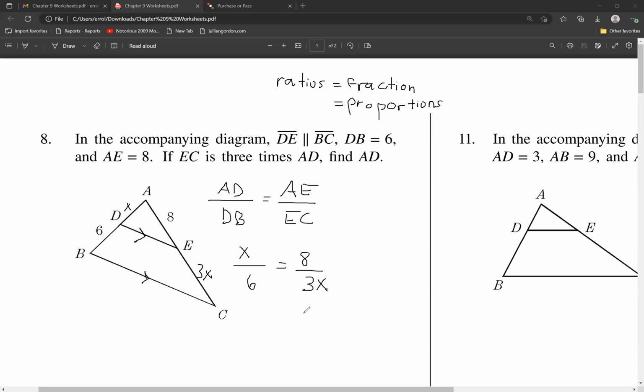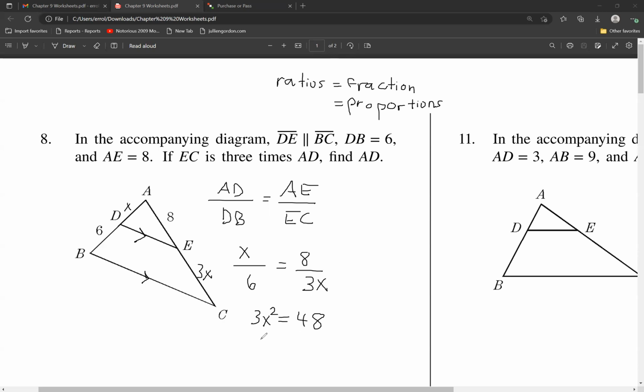Okay, now what? Cross multiply. So what do we get if we cross multiply? What's x times 3x? It'll be 3x squared. x times x would be x squared, right? And what's 6 times 8? 48. Good. So 3x squared equals 48. Now what?